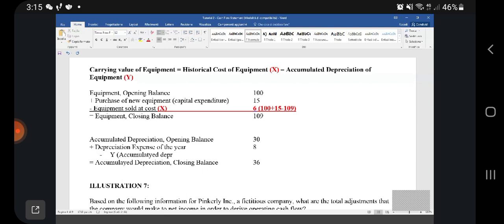So the accumulated depreciation of the equipment that we are selling is the missing value here. Because obviously 30 plus 8 is not equal to 36. So what is missing here is a figure of 2, calculated as 30 plus 8 minus 36.